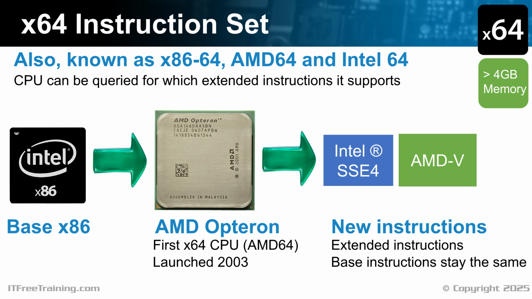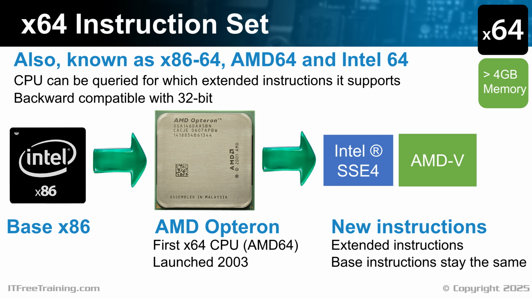The main takeaway from this is that, unless you are running specialized software like virtualization, you should not have a problem running 64-bit software. Newer CPUs will do things faster and better, but the underlying base instruction set remains the same. Since the instruction set is essentially an upgraded version of x86, 64-bit CPUs are backward compatible with 32-bit software.